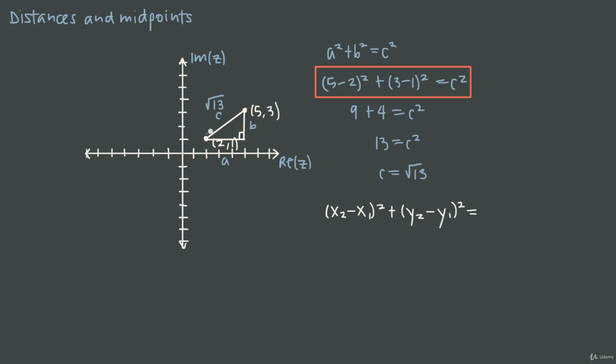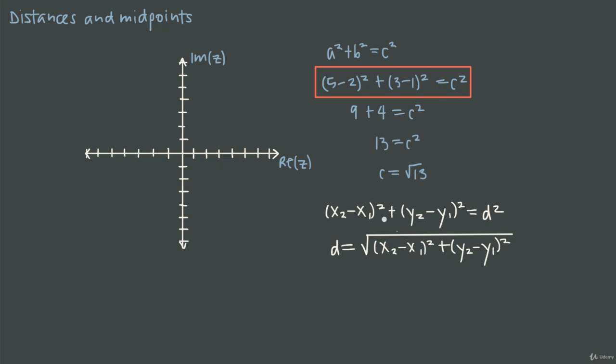And let's say instead of c, we want to call the distance between the 2 points d, then we could call this d squared. And then if we simply take the square root of both sides, we get d is equal to the square root of x sub 2 minus x sub 1 quantity squared, plus y sub 2 minus y sub 1 quantity squared. And the result there is the distance formula. So this is the distance formula that we use to calculate the distance between any 2 points.